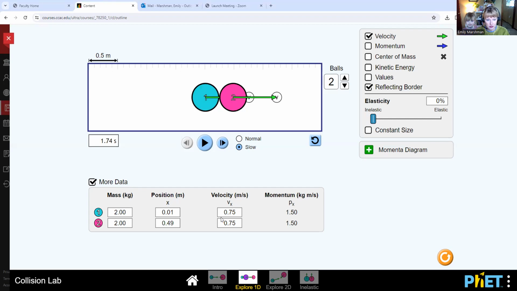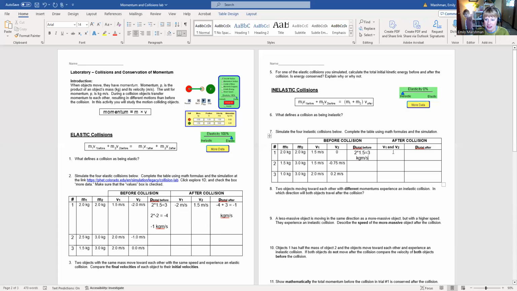Let's figure out the final momentum. So their velocity is 0.75. Let me go back to the lab manual. So after the collision, they were both moving at 0.75 meters per second. And after they collide, they stick as one thing, right?